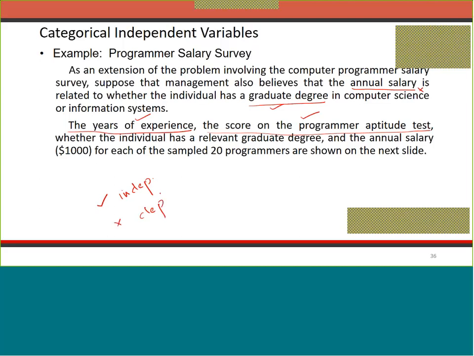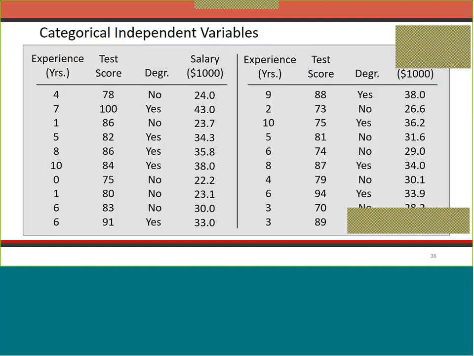But which is the categorical variable? Graduate degree, whether having it or not. So that's why the categorical data is given: experience is my first independent variable, test score is my second independent variable, and third is the degree holding or not.